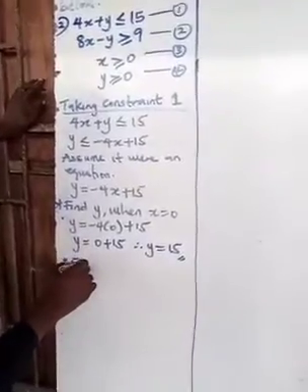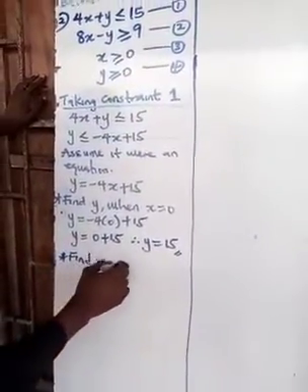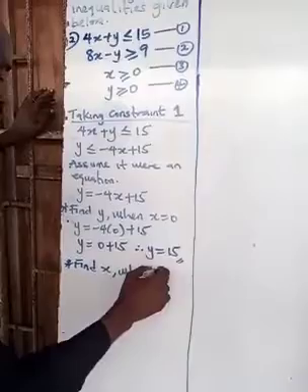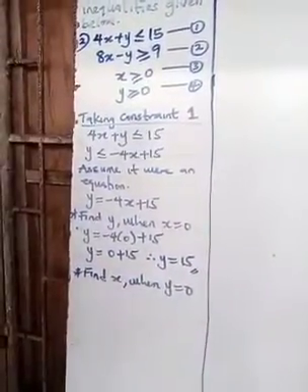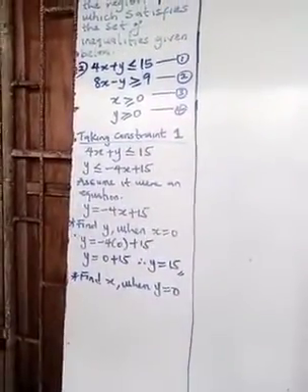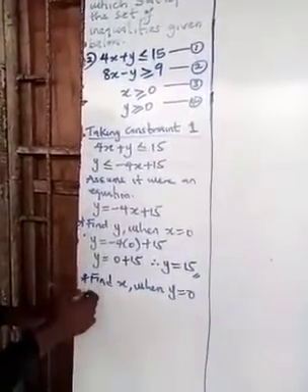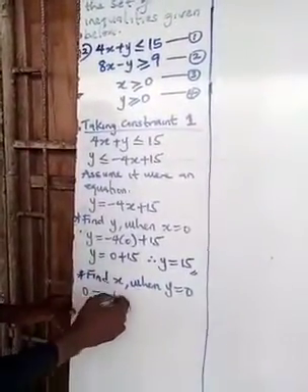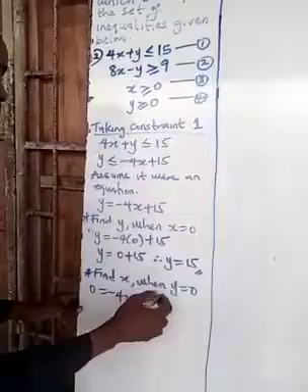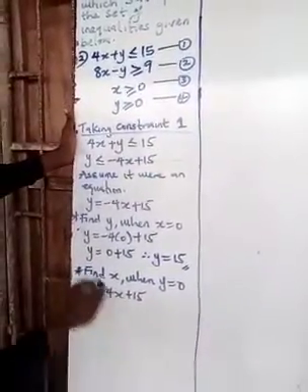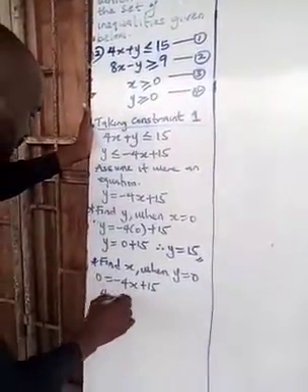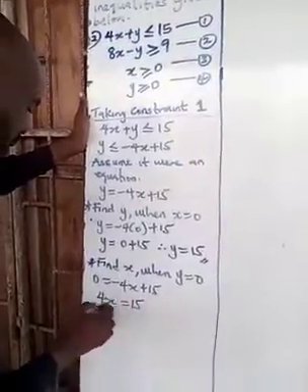Now find x when y is 0. So this is 0 equals to minus 4x plus 15. So if this one comes here, we have 4x is equals to 15.